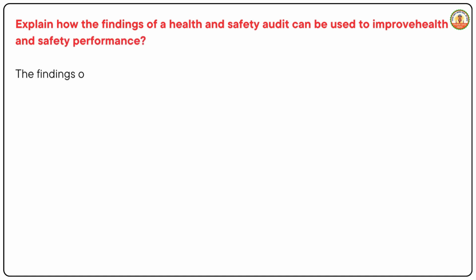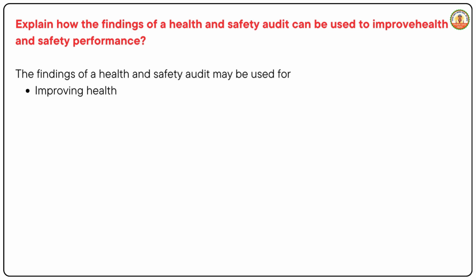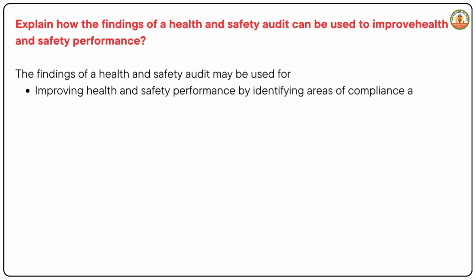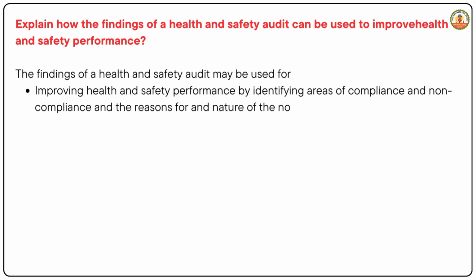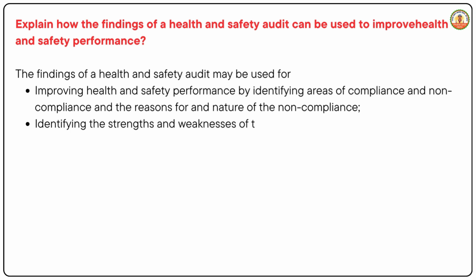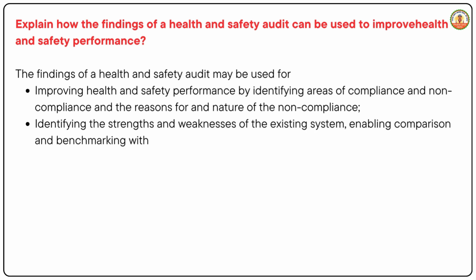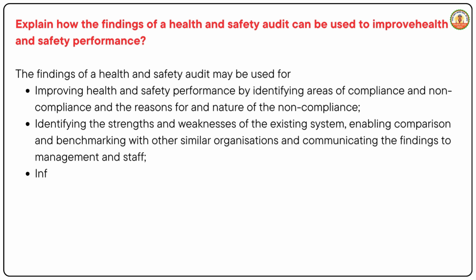The findings of a health and safety audit may be used for improving health and safety performance by identifying areas of compliance and non-compliance and the reasons for and nature of the non-compliance. Identifying the strengths and weaknesses of the existing system, enabling comparison and benchmarking with other similar organizations and communicating the findings to management and staff.